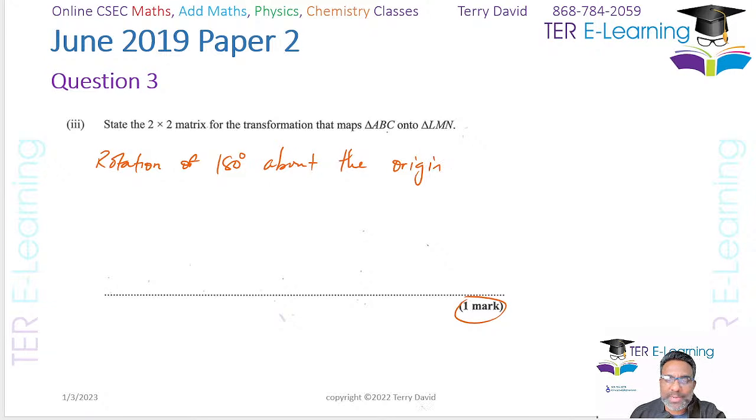Those of you in my class would know that we covered this in class, right? And if we want to know what that matrix is, it's going to be minus 1, 0, 0, minus 1. Now that's something that you just learn, just before you go in the exam. So it's minus 1, 0, 0, minus 1, right? So that's the matrix that they're talking about.